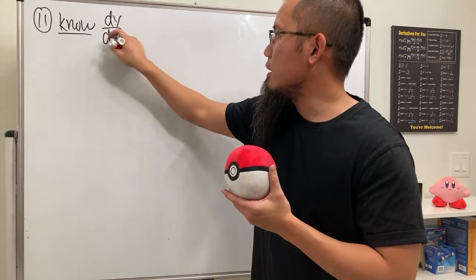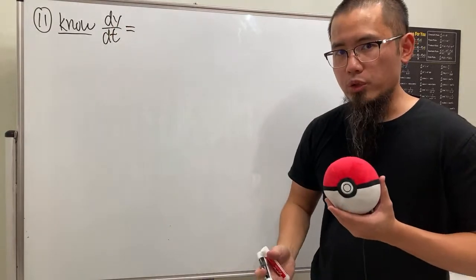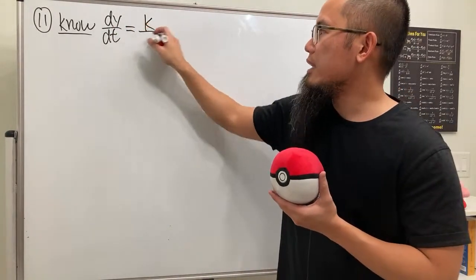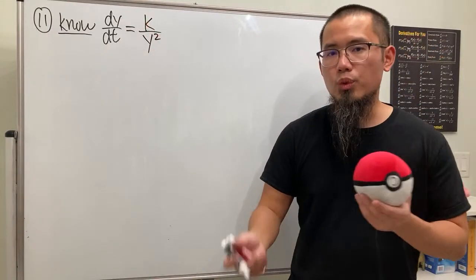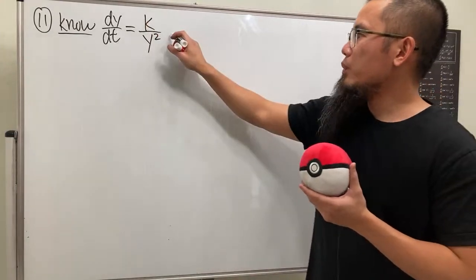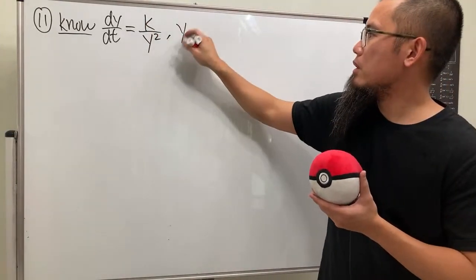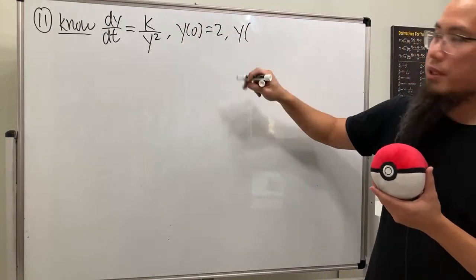This is equal to k over y squared, since inversely proportional means you have the constant of proportionality k and divide by y squared. And we also know that y(0) is 2, and y(2) is 10.